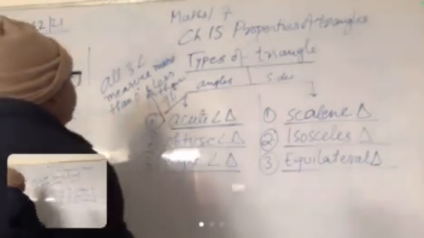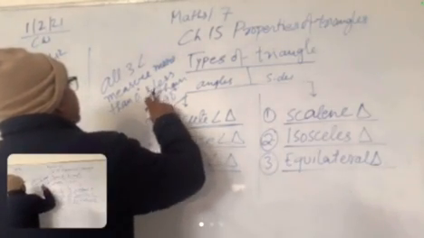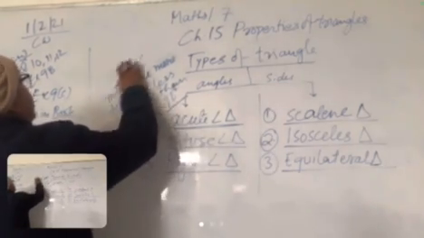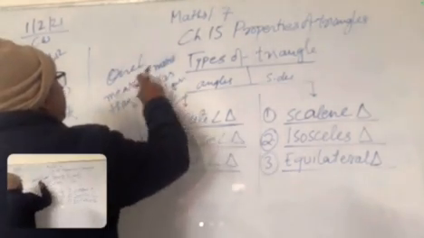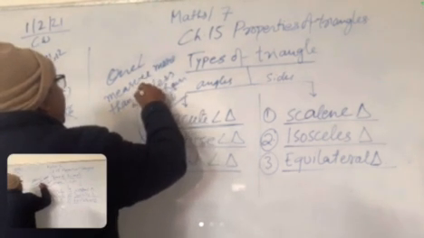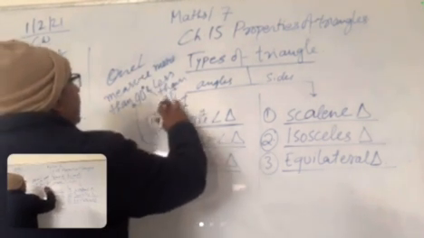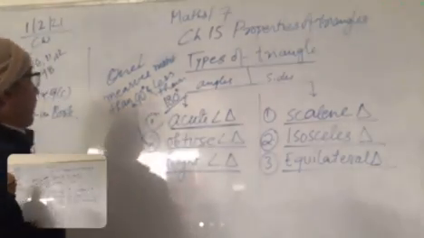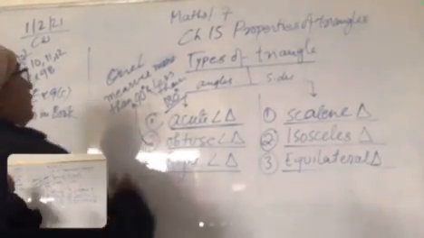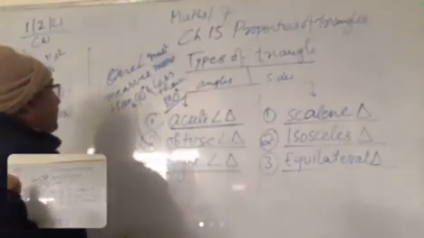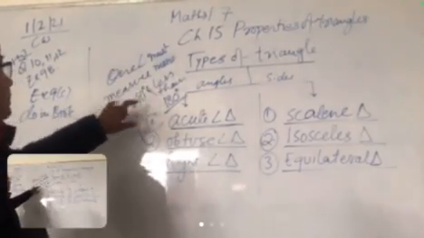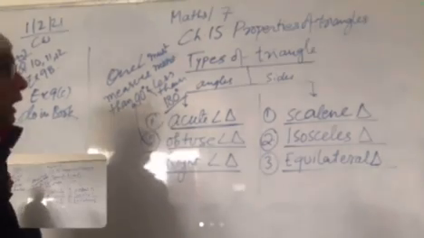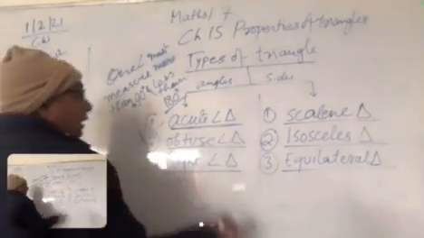Now for obtuse, write: one angle must measure more than 90 degree and less than 180 degree. And in an obtuse angle triangle, the other two angles are acute.